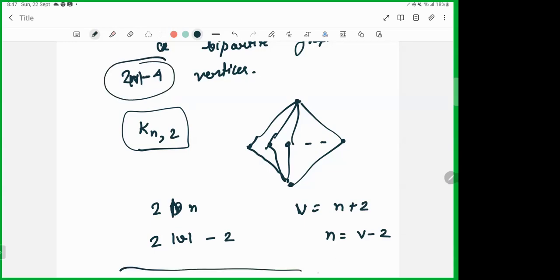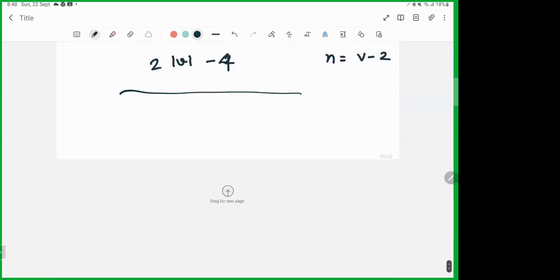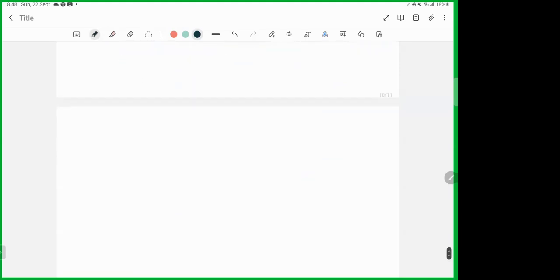So this is 2n minus 4. You should put a bracket. Yes, this should be correct. I should write 2 times cardinality V minus 2 in this way, right? Clear? Yes. So these bounds are strict. You cannot make something lesser than that in general.